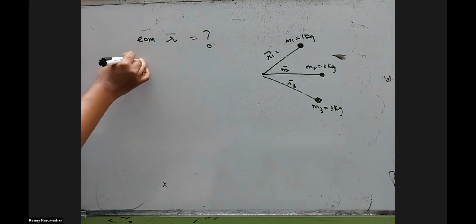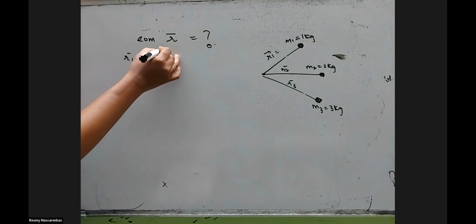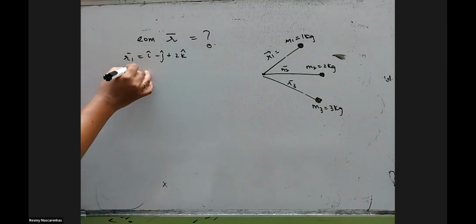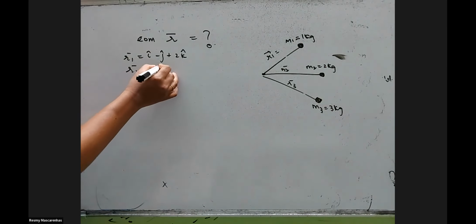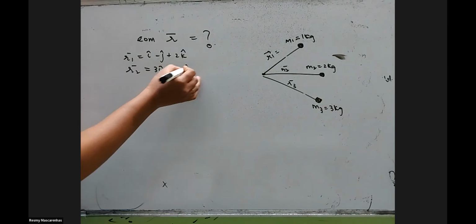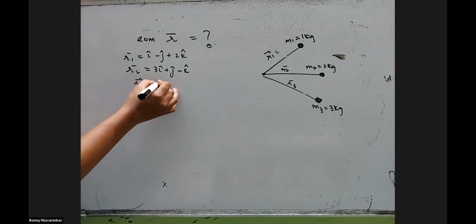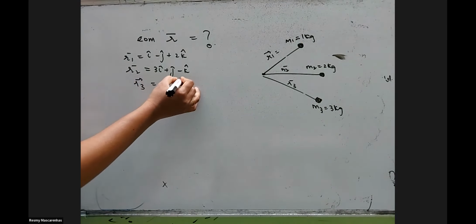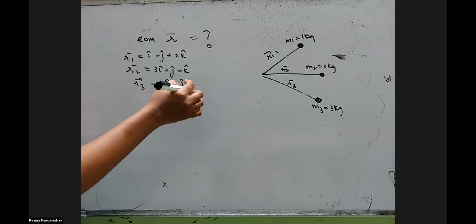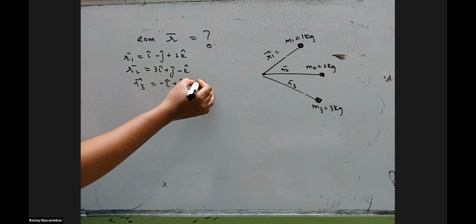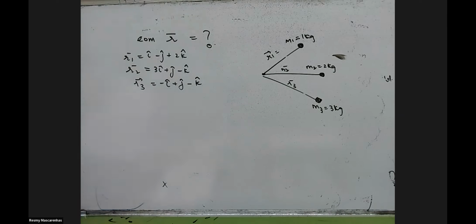So what is R1 given? I cap minus J cap. R2 bar is given as 3 I cap. And R3 bar is given as, it will all be given in terms of vector form. This is a vector form. Now already I've given you the formula in terms of position vectors.